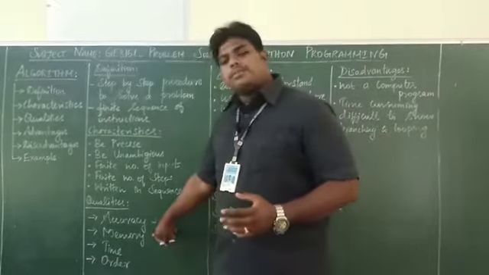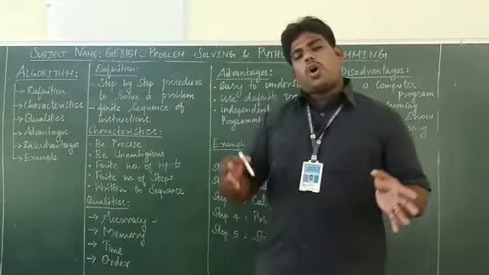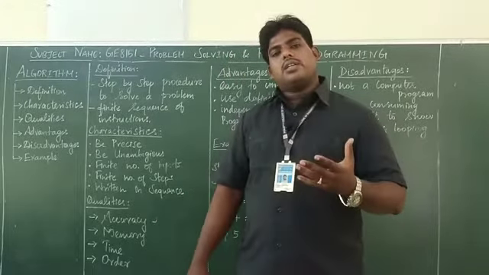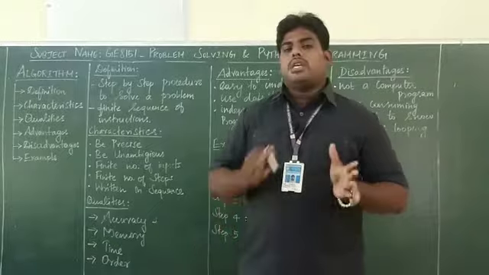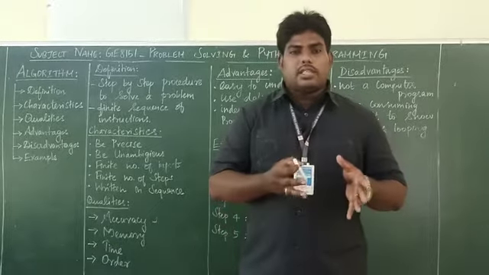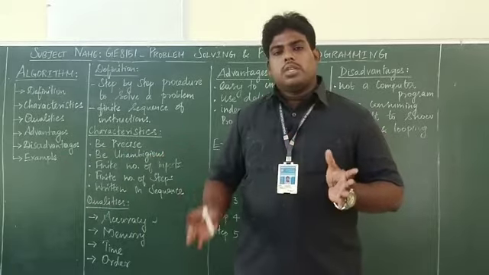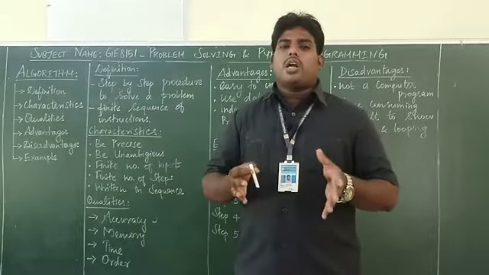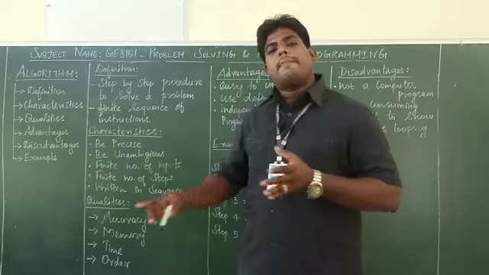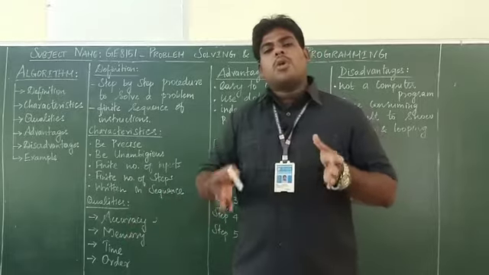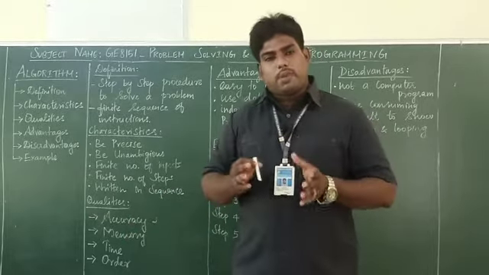Second one, memory. For example, you want to add two numbers. Within 3 steps, I can complete it. Even though you can complete it in 3 steps, you can write it in 5 steps or 7 steps also. So while you are writing the algorithm, you have to think about the memory utilization. Your algorithm wants to use less memory.